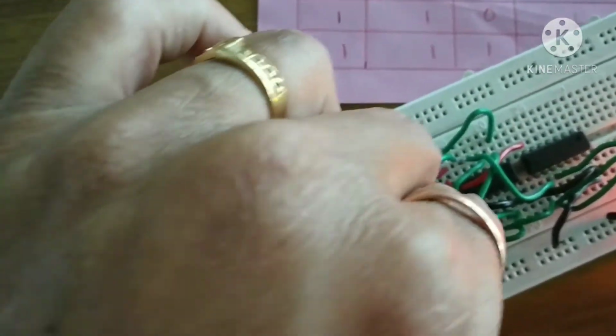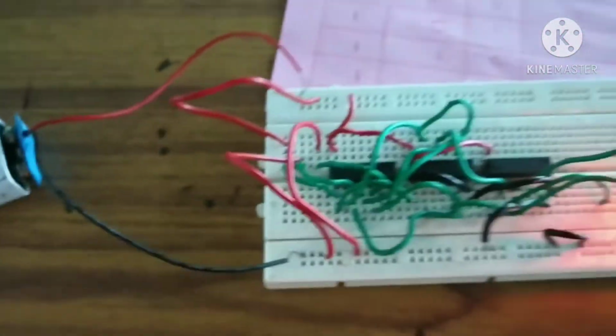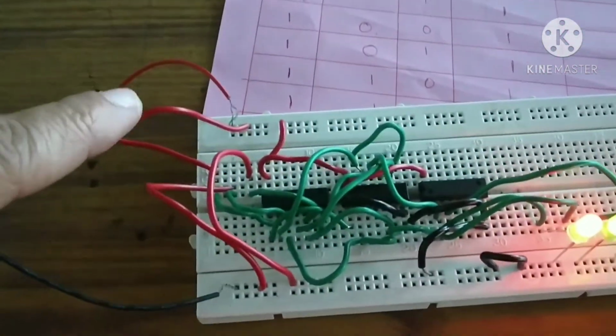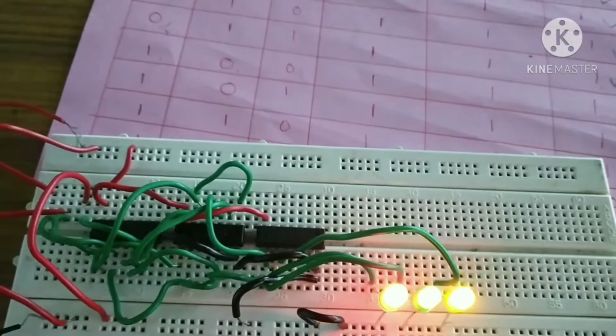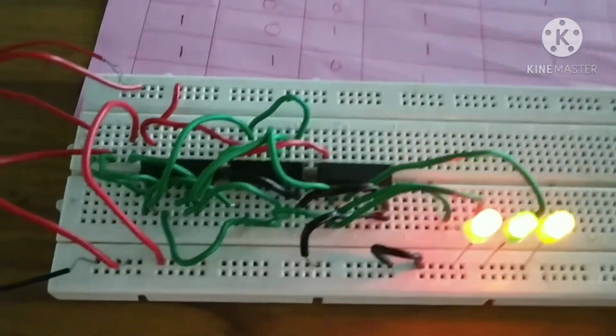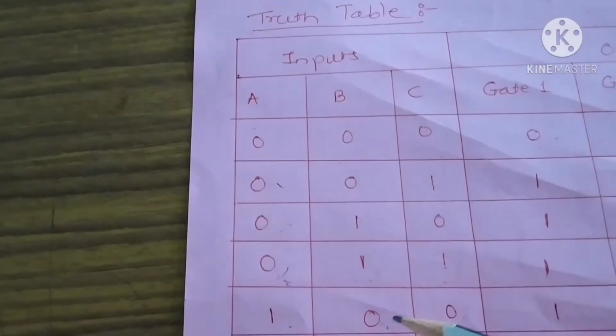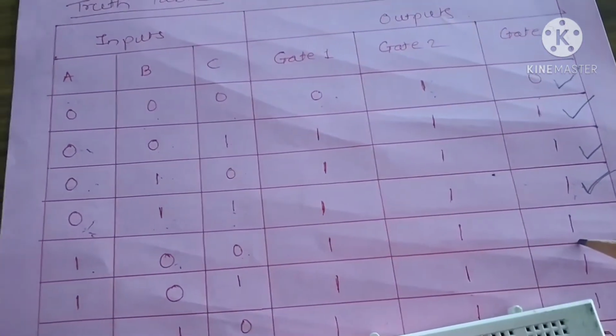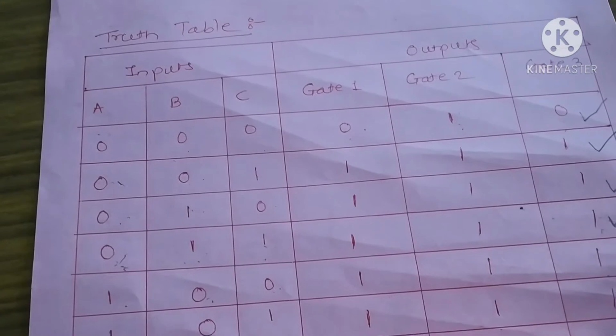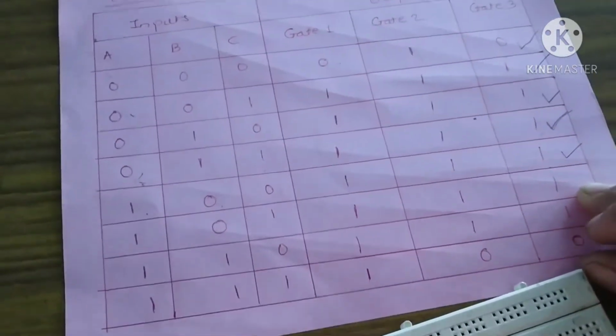B is connected to the negative of the battery, that means 0, and C is also connected to the negative of the battery, so 0. So here is A1, B0 and C0. For this all LEDs are glowing, that means 1 1 1. So for 1 0 0 all gate outputs are 1. So this condition is also satisfied.